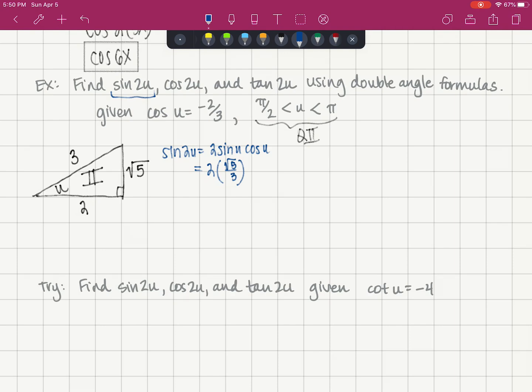The sine of u is the square root of 5 over 3, and it's positive because sine is positive in quadrant 2, times the cosine of u, which is negative 2 over 3, because cosine has a negative ratio in quadrant 2, which gives us negative 4 times the square root of 5 all over 9. That's the sine of 2u.